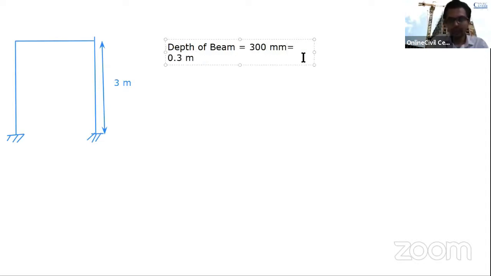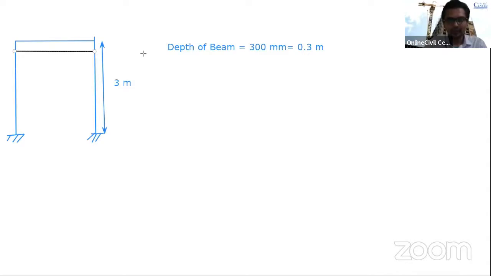If you consider the depth of beam as 0.3 meter, then we can deduct a certain portion for this particular beam. It's important to visualize this. If you are having any difficulty visualizing, you can comment, and we can repeat the session. So here we have a beam, and its depth is 0.3 meter.